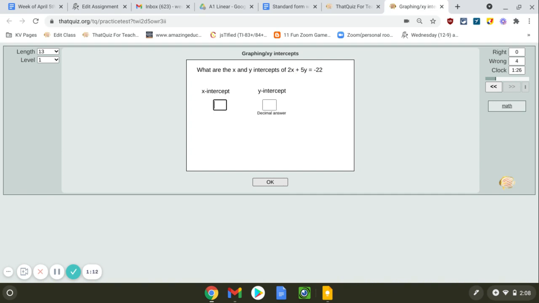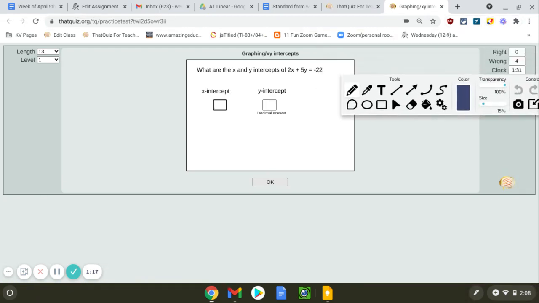All right, so for this one, we'll set up our two equations. We're going to do 2x is equal to negative 22. That's plugging in 0 for y. That's how you find the x-intercept. And then to find the y-intercept, you'll plug in 0 for the x part here.